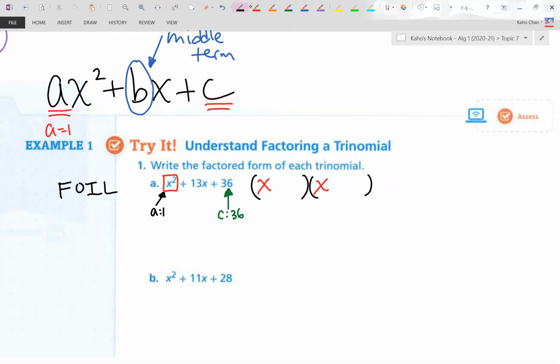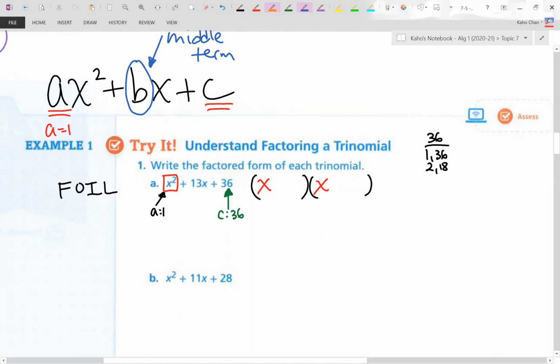We need to look for all the possible ways of getting 36. What are all the possible factors of 36? Let's start listing them. Here we go. 1 times 36, 2 times 18. Now, what are we trying to shoot for? We're trying to shoot for the middle term. The middle term in this case is 13.